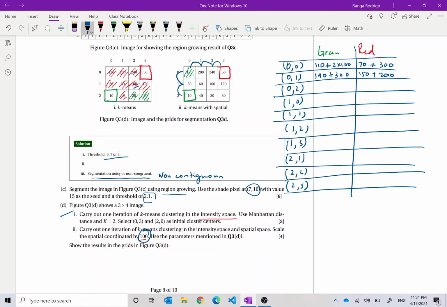So we can see 350 versus 490, so that becomes a red cluster pixel. 240 would obviously become a red cluster pixel. Let's do that calculation again: 10 minus 240, 230, plus Manhattan distance 1, 2, 3, 4, plus 400. For the 50 it will be 190 plus 100. That's a red one.